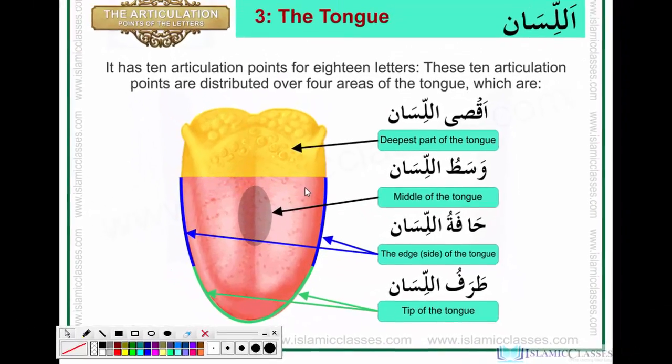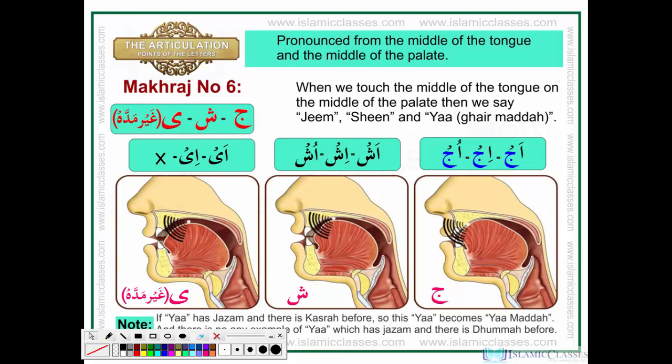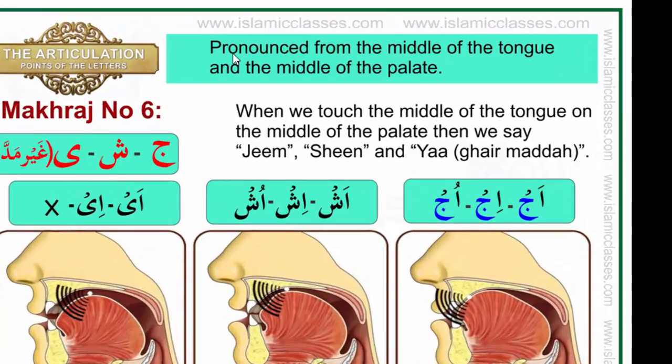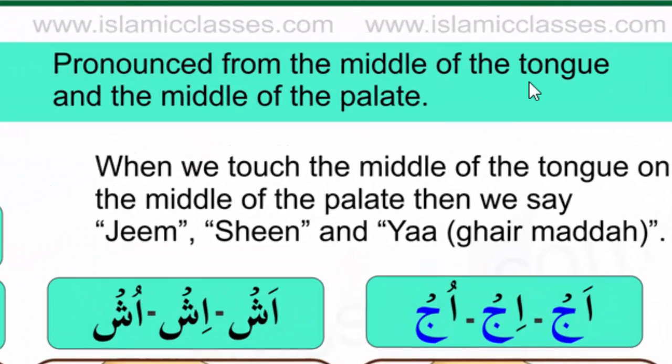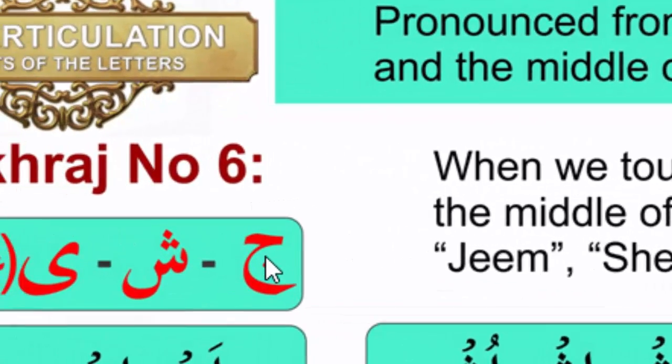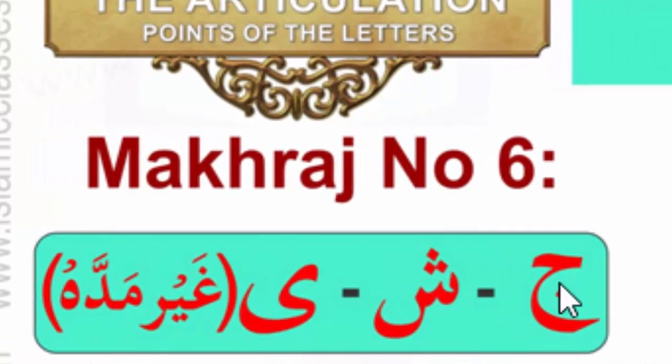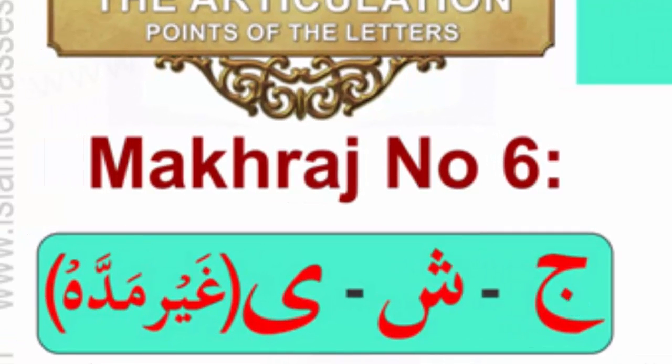Now we are going to start Makhraj number 6 properly. First of all, the definition of this makhraj is that it is pronounced from the middle of the tongue and the middle of the palate. First we will learn which letters we pronounce from Makhraj number 6, written here. There are 3 letters.